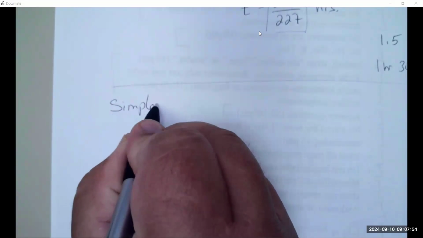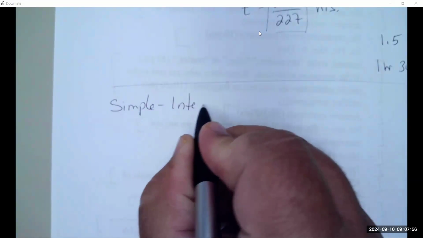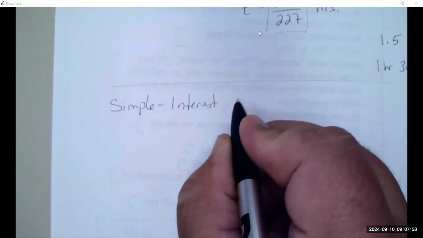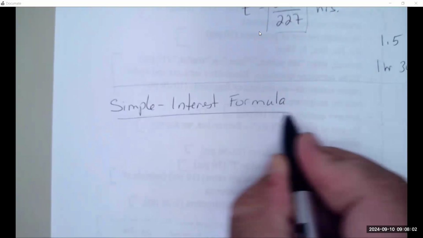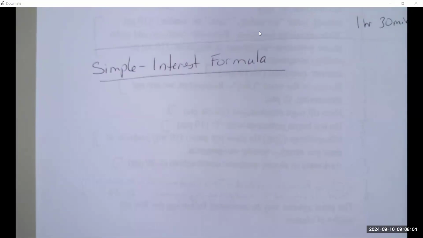Then we have simple interest. Whenever you borrow money from anybody or anything, you'll always have to pay it back with some sort of interest. That's just the cost of borrowing money. And unfortunately, now it's been deregulated.